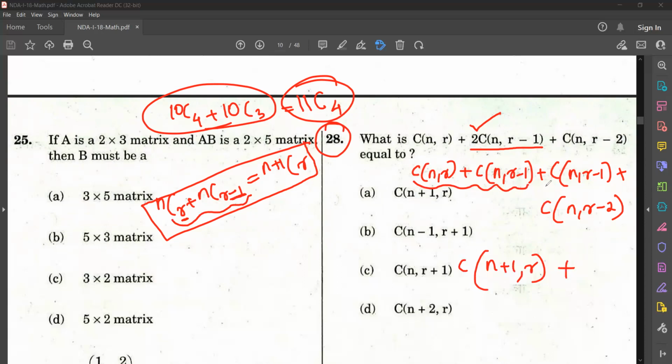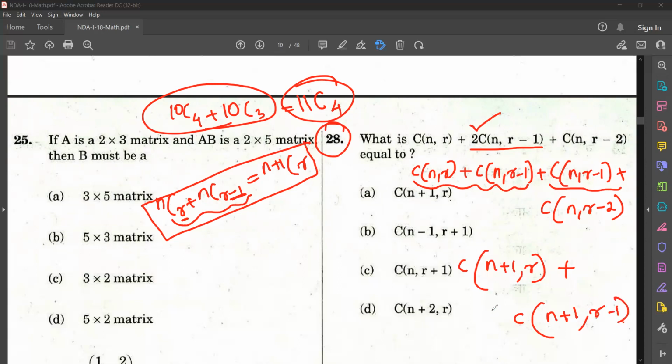Similarly, see here, what will this become? N comma R minus 1, N comma R minus 2, 1 less, isn't it? So that will become C of N plus 1 comma R minus 1.